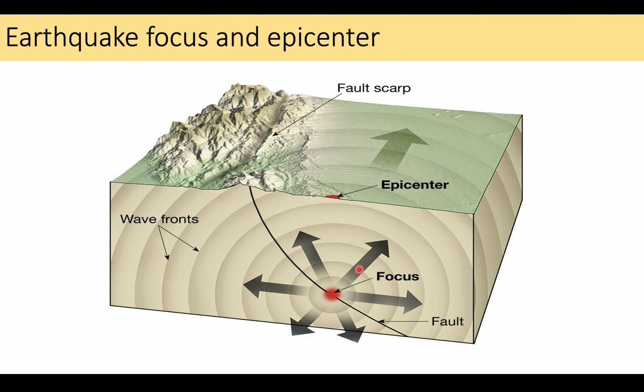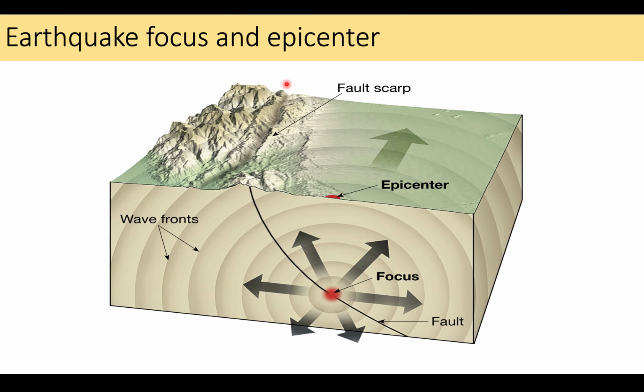Here's another example. Here we have our fault scarp, which some faults will actually have. What we mean by that is something on the surface showing us that a fault is there. So we might actually see evidence of the fault line on the surface of the earth. You don't always see this, but sometimes you do.